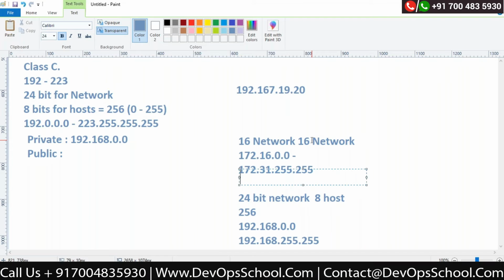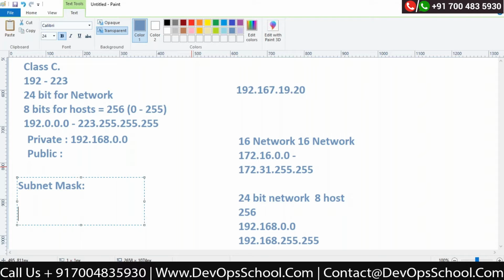contact@devopsschool.com. Correct? There is a mechanism called subnet mask. If you look at your computer, below every IP address, there is a subnet mask. This subnet mask tells my computer how many bits are masked.